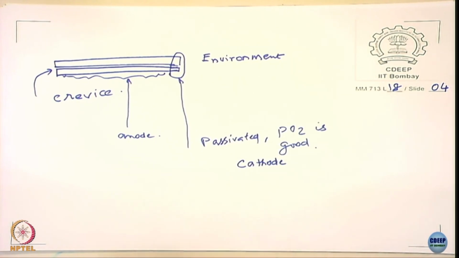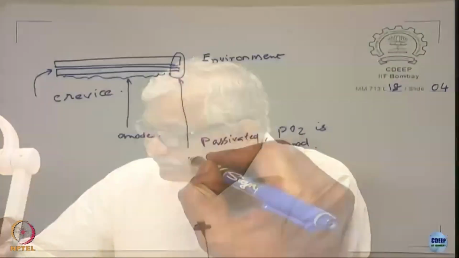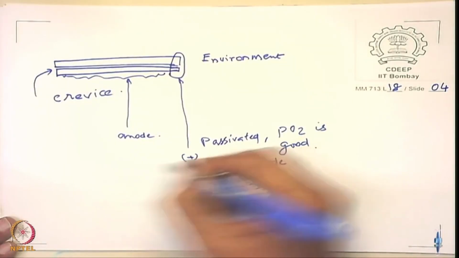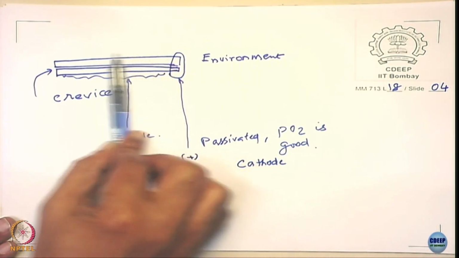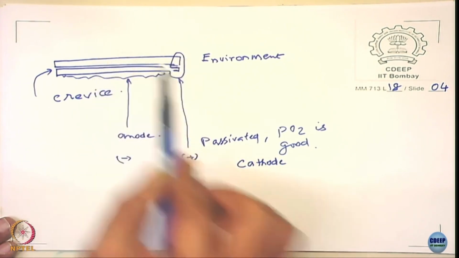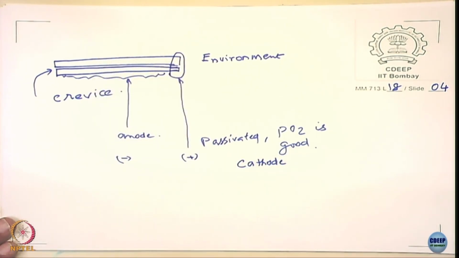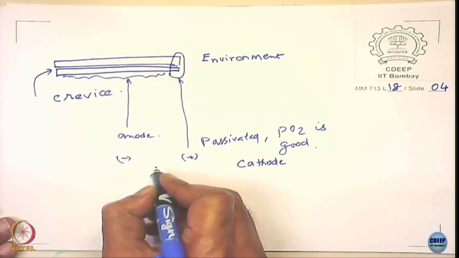The cathode drives the anode because there is a potential difference between them, right. So this is going to be relatively positive and this is going to be relatively negative. Now when I start moving from here to this, what will happen to this driving force? It will decrease, right. So the corrosion rate decreases because of this.